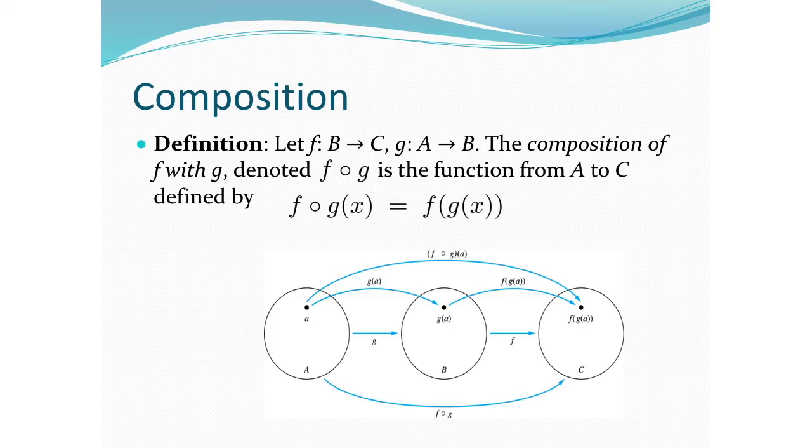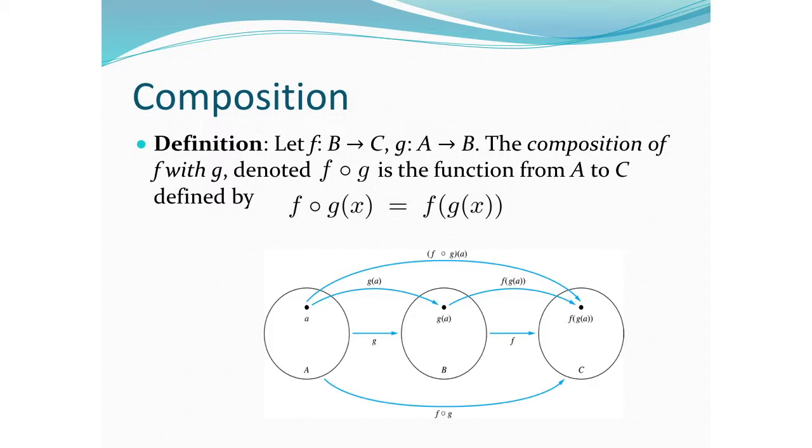So f composite g of x is equal to f of g of x. So we are putting the function g of x inside the function f. Now, to understand this further, the first step in any function composition is not to find f of something.